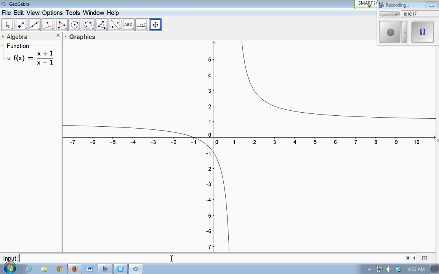All right, if I graph the line y equals x, and reflect this graph of f of x about the line y equals x, it lands right on top of itself. So that's why it is its own inverse.